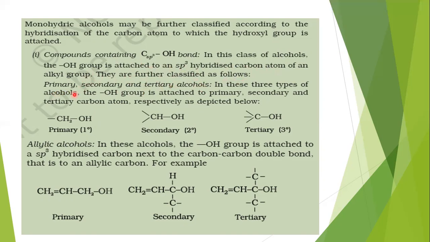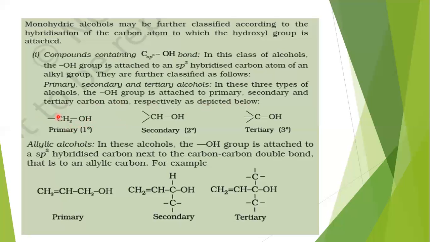In these three types of alcohols, the OH group is attached to primary, secondary, and tertiary carbon atoms respectively, as given below. Okay, so we know what is a primary carbon.